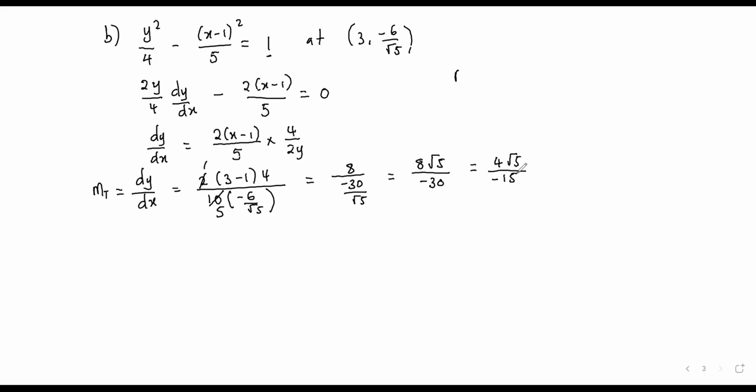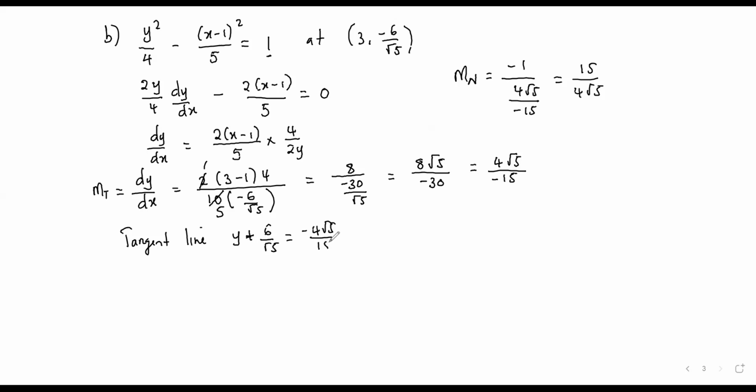And so let's find the m normal. The gradient of the normal is going to be negative 1 over 4 root 5 over minus 15, which is going to be 15 over 4 root 5. And then now we substitute. So the tangent line is going to be y plus 6 over root 5 equal to minus 4 root 5 over 15 (x minus 3).